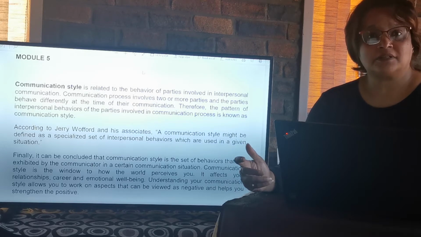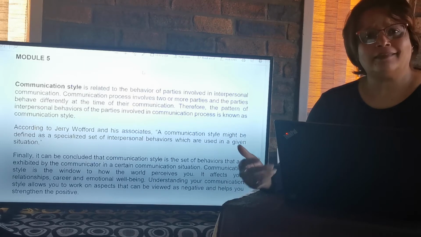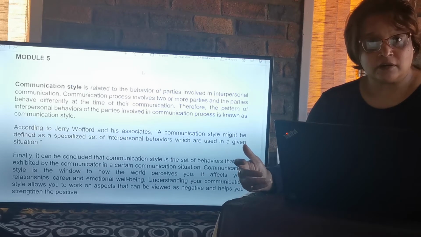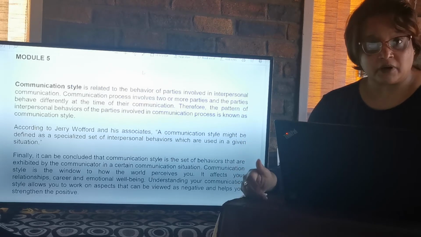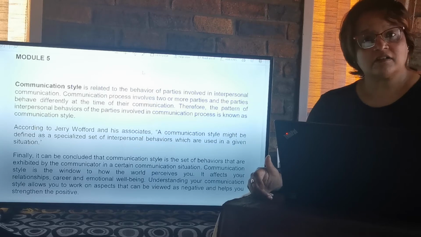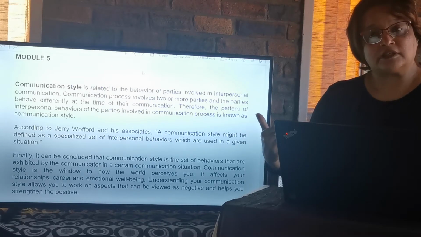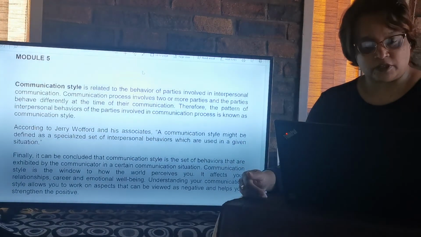But when I address a toddler group, I will be playing the entire time. When I address a room full of UNISA professors, then I will be very formal, even dress the part. So communication styles will be the behaviors conducted within a certain situation.